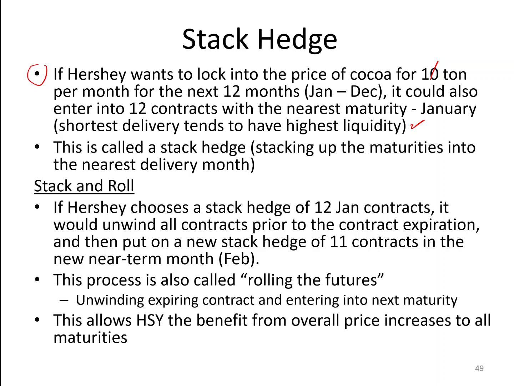Now, this concept of stack and roll. If Hershey chooses to have the 12 contracts in January, it will unwind the 12 contracts before the January contract expires and put a new hedge of 11 contracts in the near-term month, February.